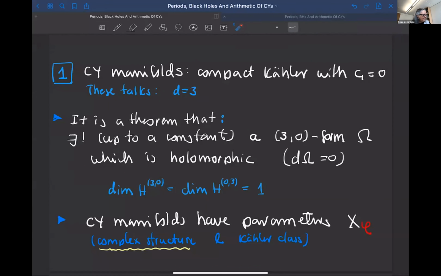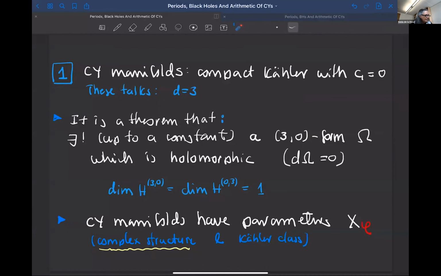A very important fact, which you can take as a definition, really, is that there exists a unique, up to a constant, holomorphic 3-0 form that I'm going to call omega. What this means is that if you consider the third cohomology group of these manifolds, the dimension of H^{3,0}, or equally the dimension of H^{0,3}, is 1.